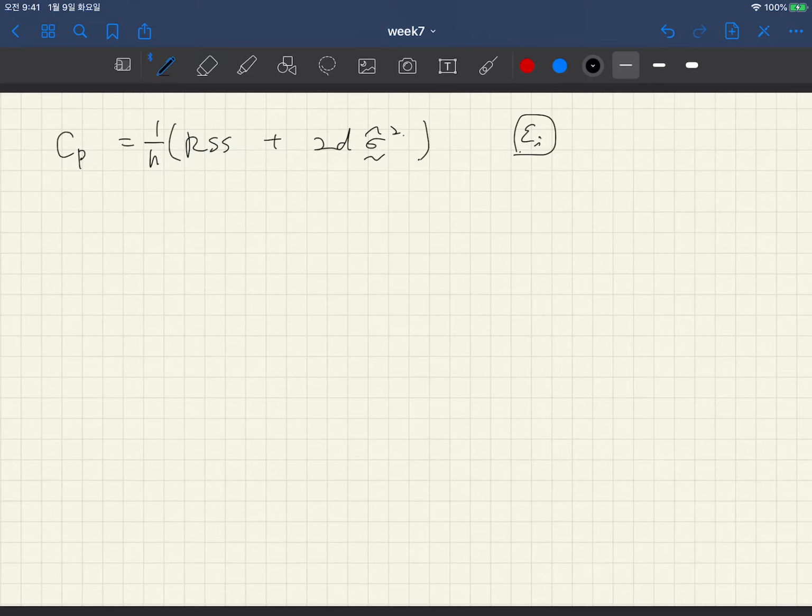For example, in your first stepwise selection, at the first stage, you compute the Cp value. Here d is the number of parameters. I just follow the notation in our textbook and our official YouTube lecture slides.